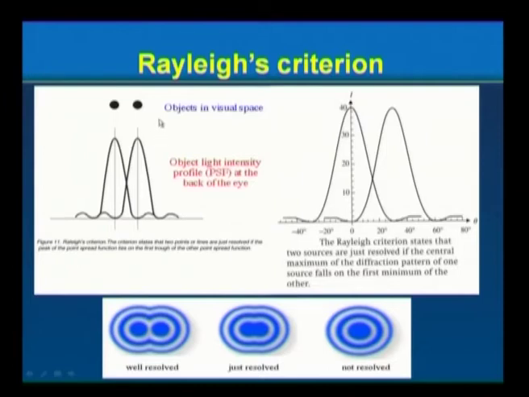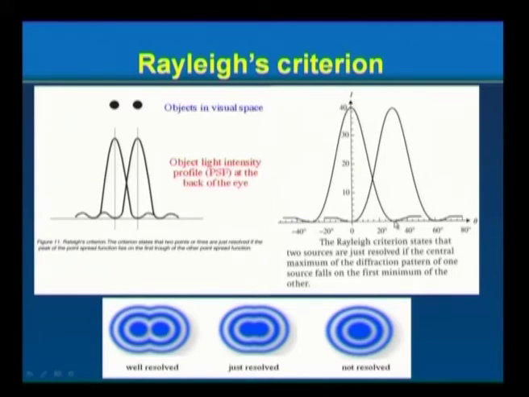Therefore, for the objects in visual space, the Rayleigh criterion states that two sources are just resolved when the central maximum of the diffraction pattern of one of the sources falls on the first minimum of the other. This is the central maximum, the minimum here.